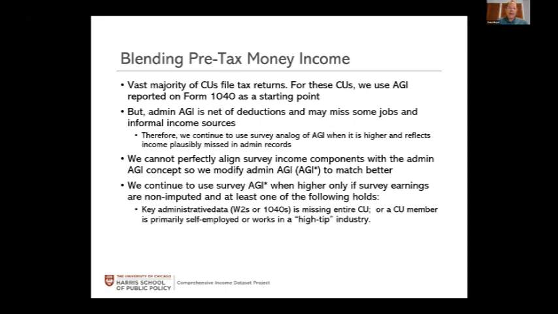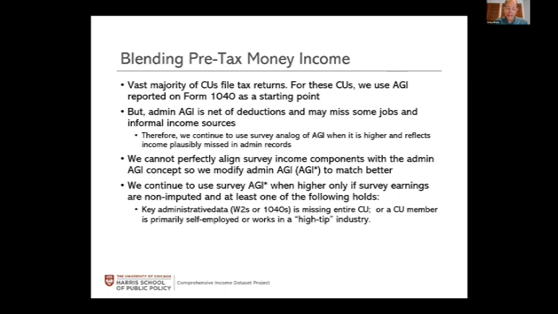The vast majority of consumer units, what are the equivalent of families in the CE survey, file tax returns. For these CUs, we use AGI reported on 1040s as a starting point, but administrative AGI is net of deductions and may miss some jobs and informal income sources. Therefore, we continue to use survey measures of AGI when it is higher and reflects income plausibly missed in administrative records.